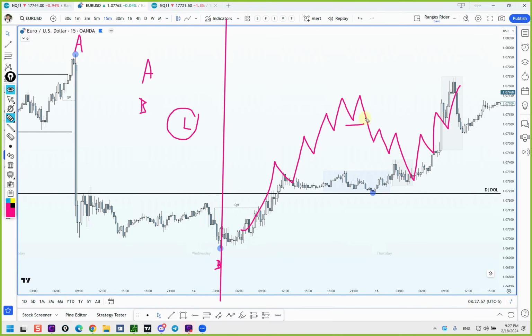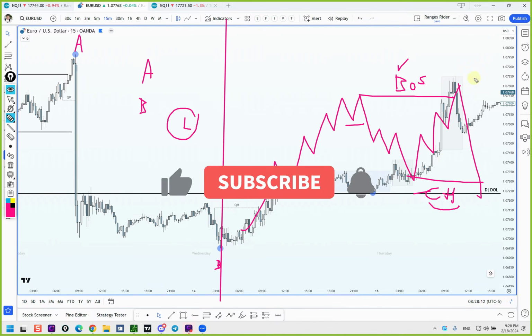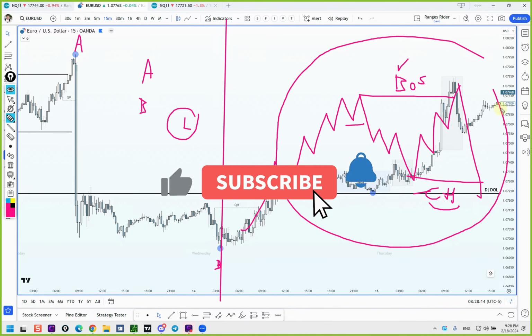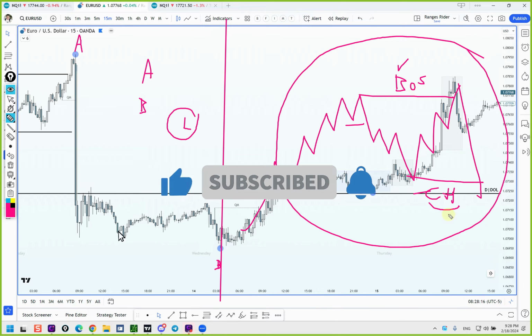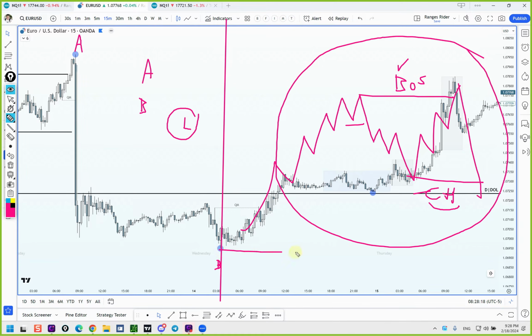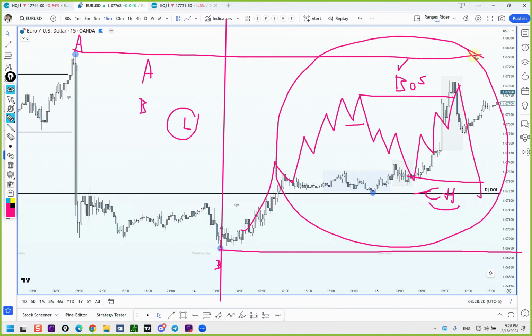You draw the inside structure, you have the breakup structure inside, then you have the change of character inside. Later we will discuss BOS, breakup structure and change of character, but I'm just telling you that whatever internally you have, the breakup structure or change of character, it is not going to change the fact that we are still inside and everything is inside.